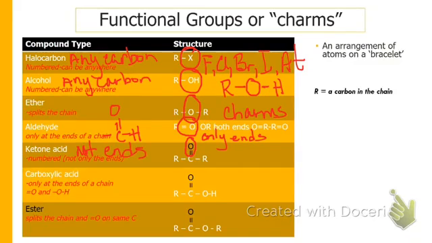The carboxylic acid has a double bonded oxygen, and it has a bond to a hydroxide, or what looks like it could be an alcohol. This is only occurring on the ends. Well, why would it only occur on the ends?